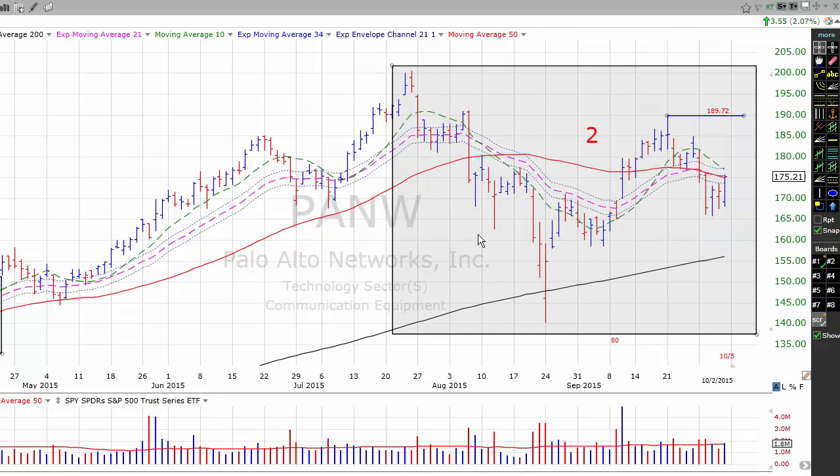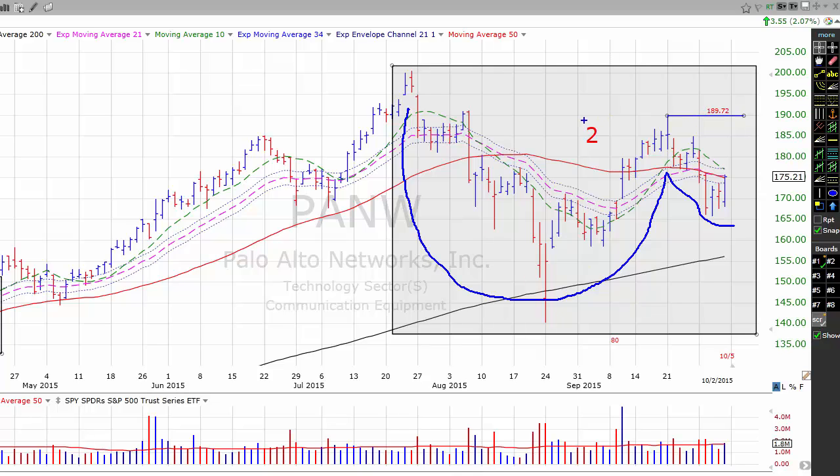Next we have Palo Alto Networks. Palo Alto provides network security infrastructure products for enterprises, service providers, and government entities. The stock right now is working on this cup and handle base. This is a second stage base, and in full disclosure, I own this stock. I've owned it for about 6 months now.